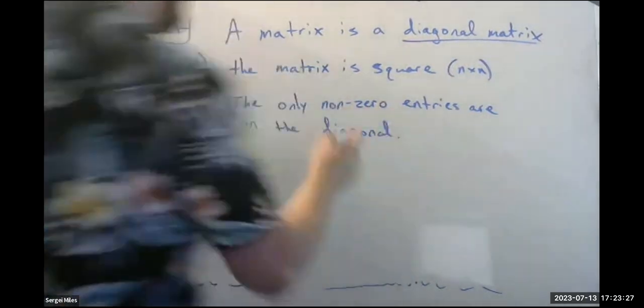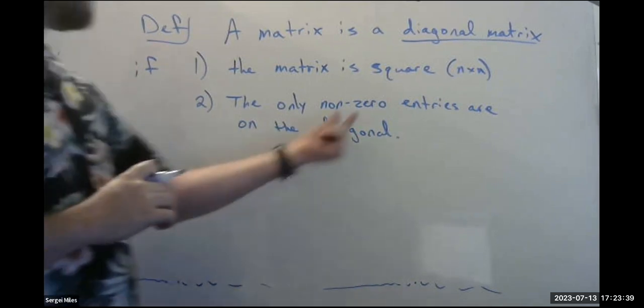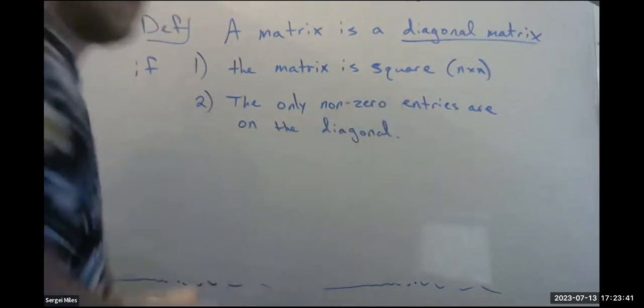This is where we get the name for diagonal matrix. In other words, it's 0 everywhere else. The non-diagonal entries must be 0. So the only non-zero entries are on the diagonal.